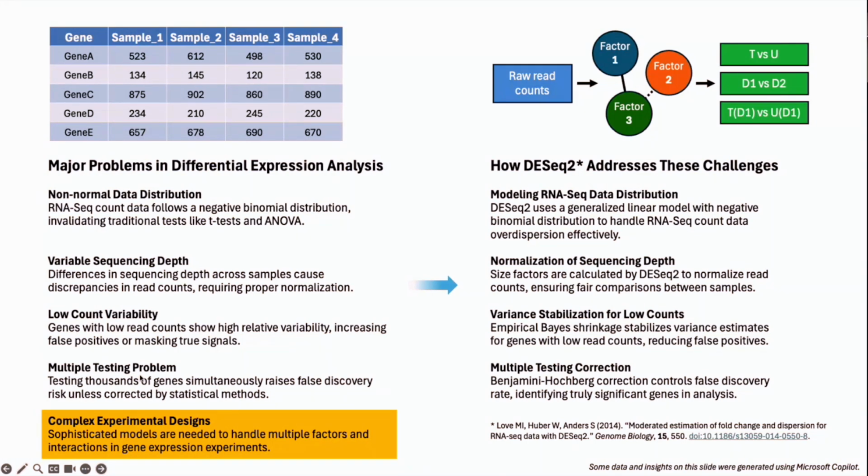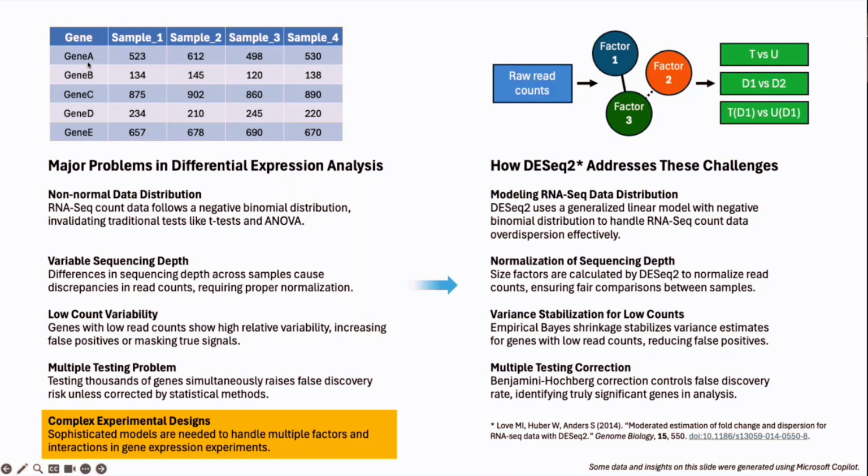But the other problem in differential expression analysis, which is the responsibility of the person who analyzes the data, is to make sure that they understand how to describe the dataset in a way that DESeq will understand and provide the correct result. Here I displayed what we usually use as input for DESeq.